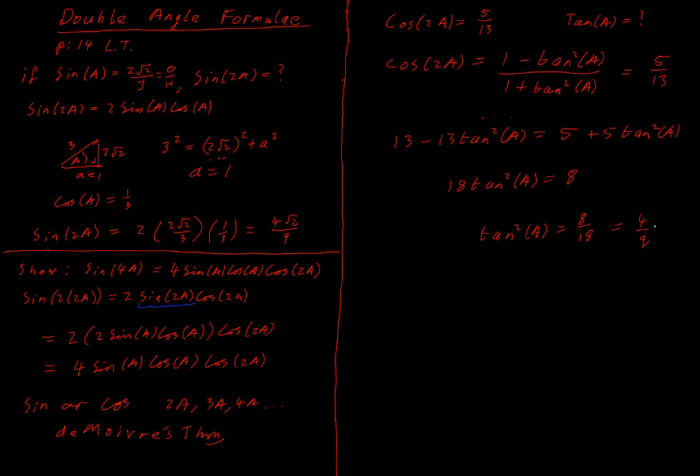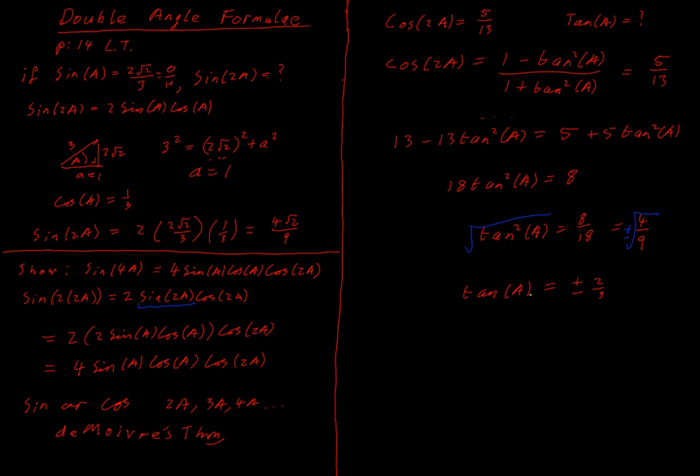If we take the square root of both sides, remember that tan can be positive or negative, so we have plus or minus in this particular case. So we would end up with tan A could be equal to plus or minus 2/3.